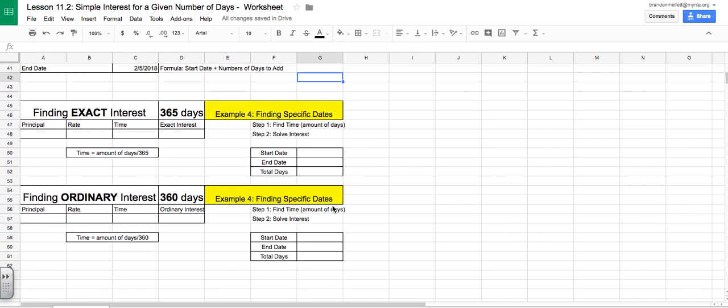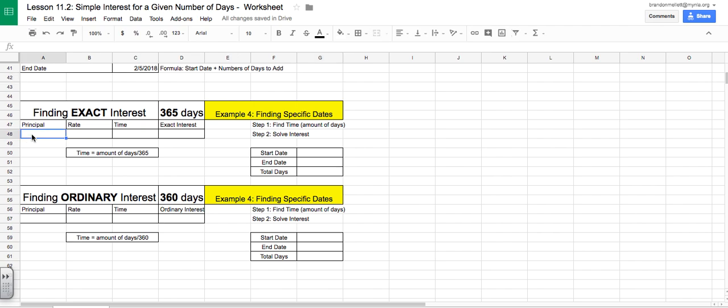Now we're going to look at something called exact interest and ordinary interest. This is used in the banking industry to calculate the amount of interest on loans, investments, and many other things. This looks similar to yesterday, but instead of using months or years, we're going to be using days. Let's look at the example first.